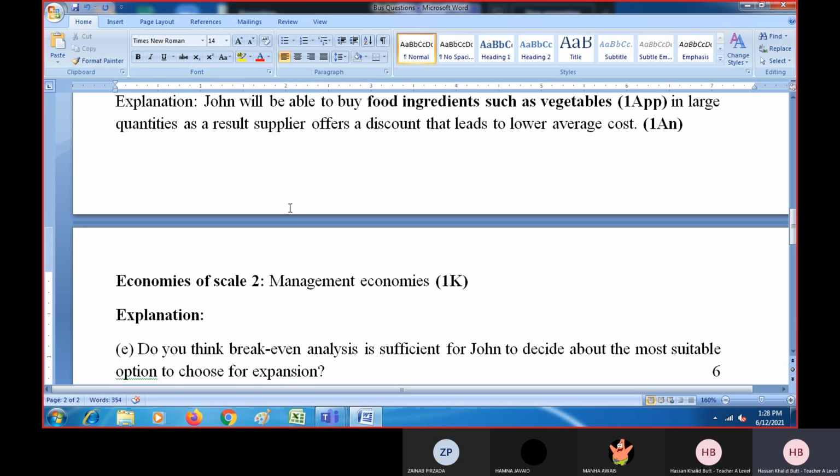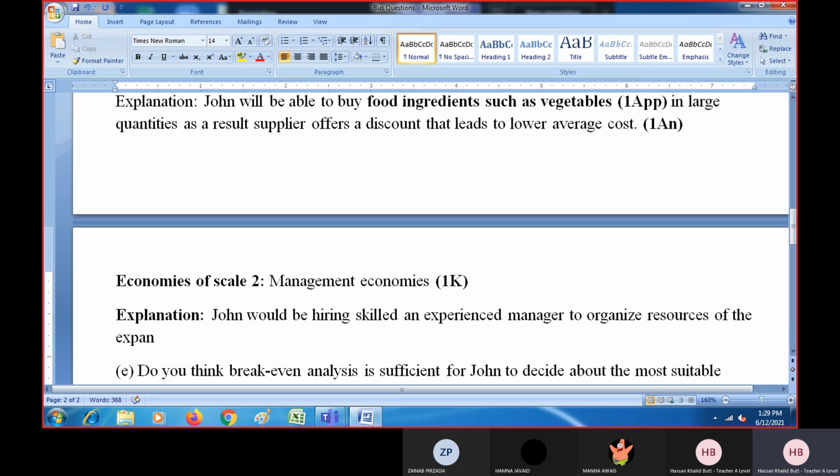So John would be hiring skilled and experienced managers to manage or organize resources of the expanding business, right?